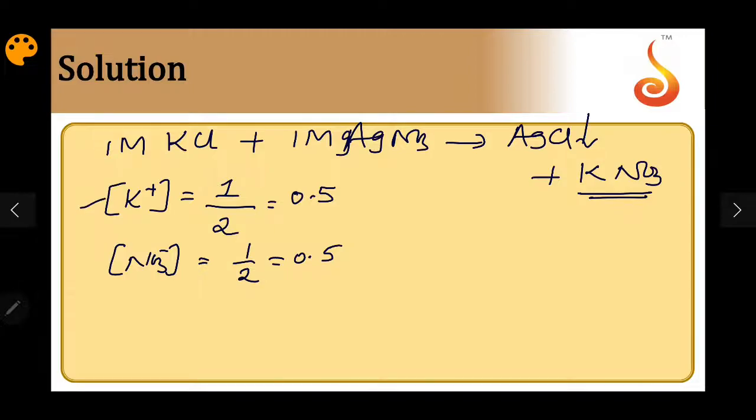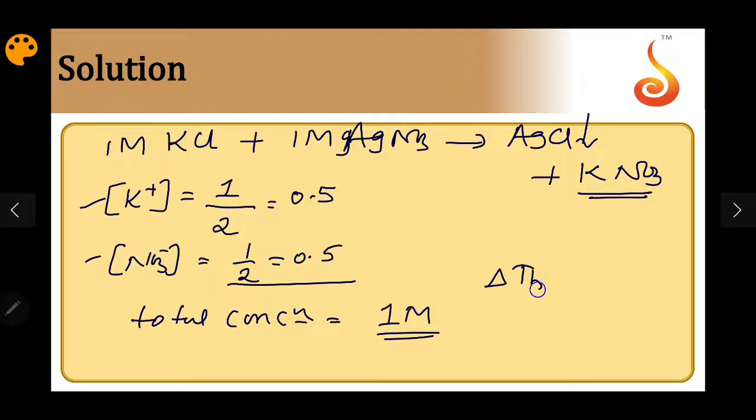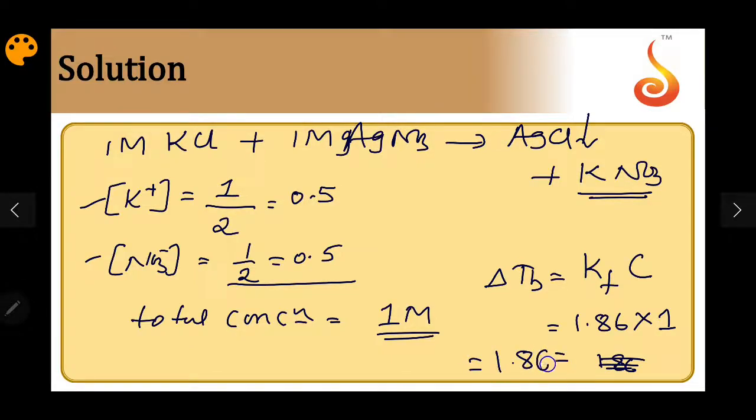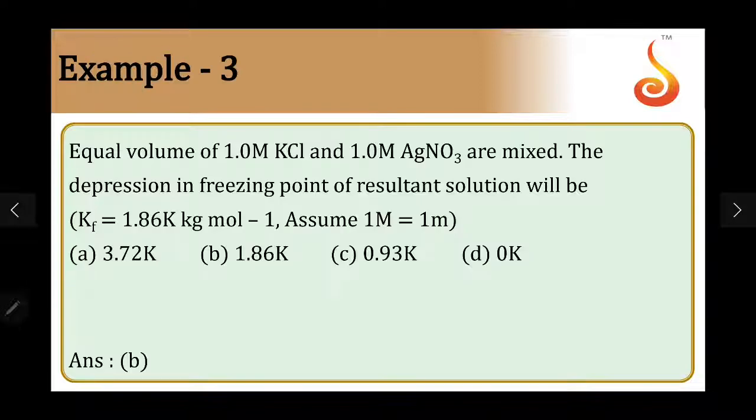But since these are particles, the total concentration is 1 molar. So delta Tf is equal to Kf into concentration. So Kf is 1.86 into 1. So delta T is equal to 1.86 Kelvin. So we'll see the option. So 1.86 Kelvin, that is answer B.